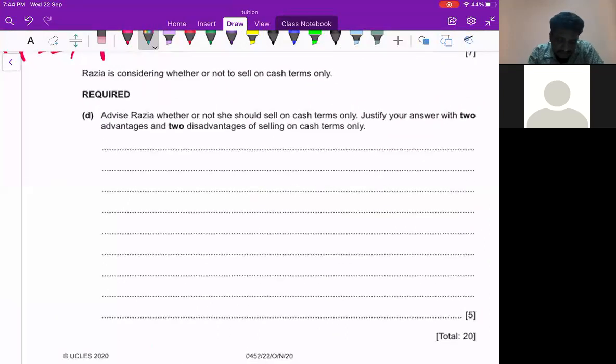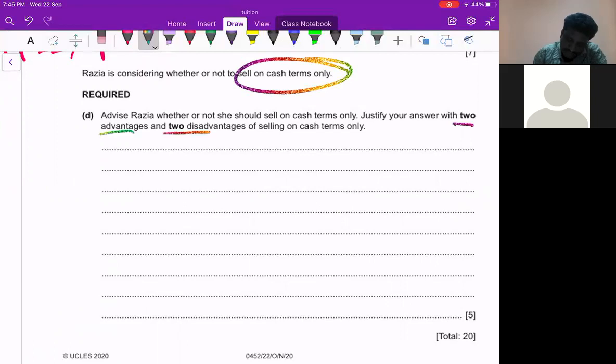Razia is considering whether or not to sell on cash terms only. Advise Razia whether or not she should sell on cash terms only. Justify your answer. 2 advantages and 2 disadvantages of selling cash terms only. She doesn't want to do credit sales, only cash sales.